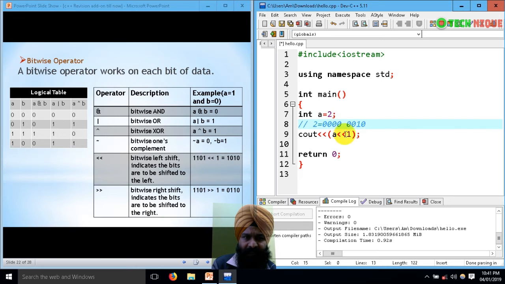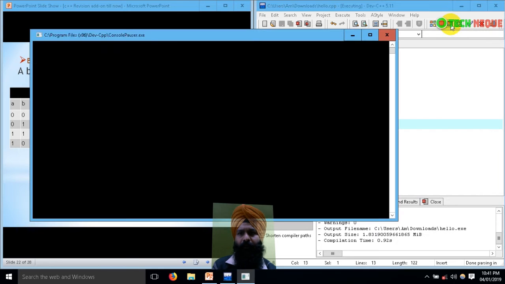Now left shift means I'm going to insert a 0 and all these values are going to be shifted to the left side. So this 1 will take the third position. At the third position, 1, 2, 4, it is a 4. Now let's see what is on our output screen.